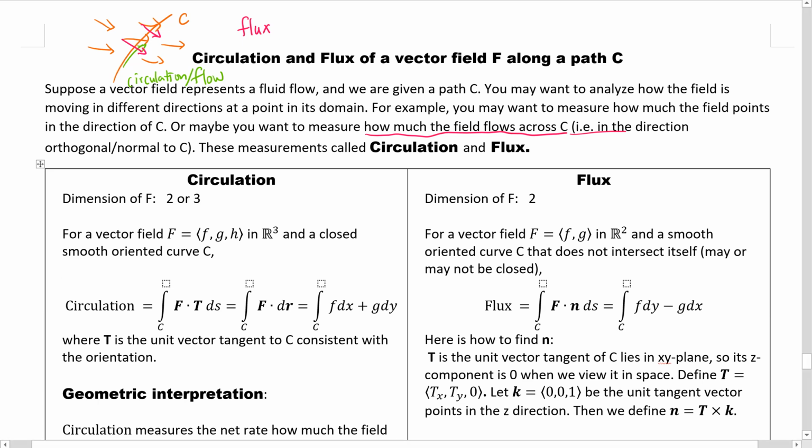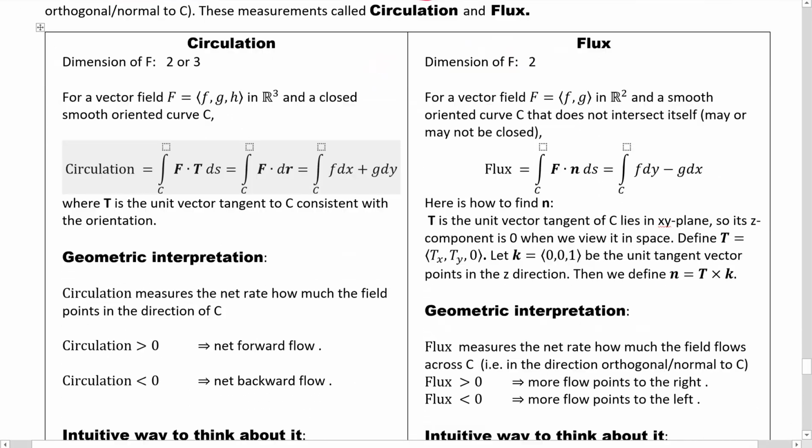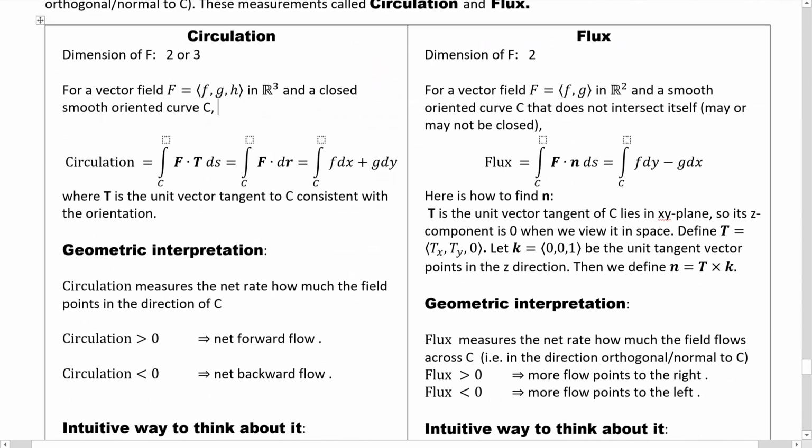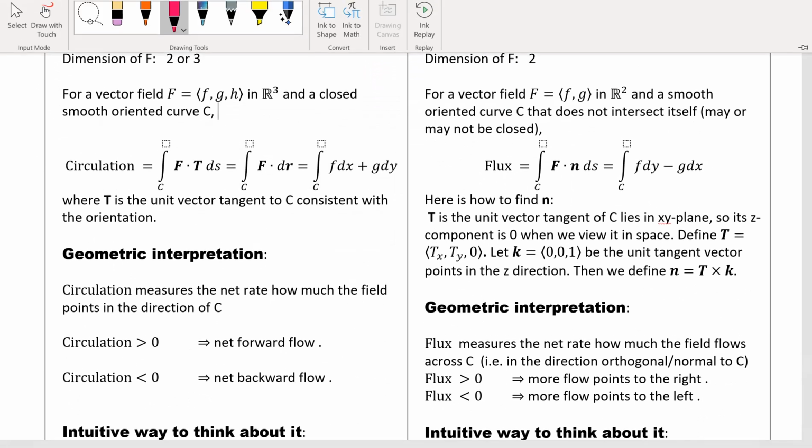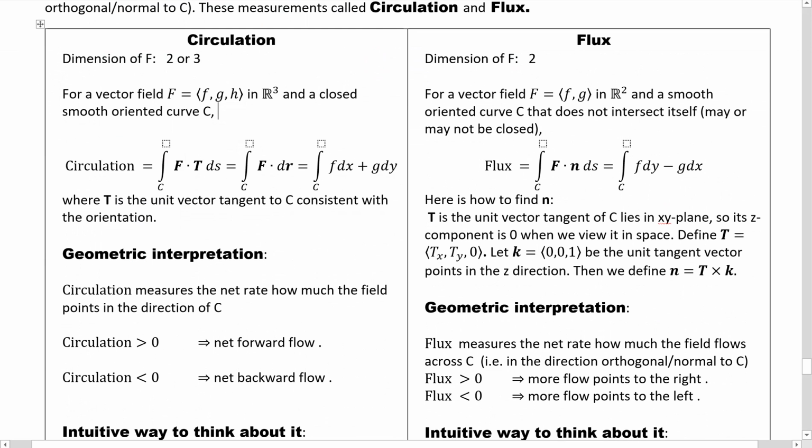Okay, so let's look at the definition. So circulation. Here, the dimension could be 2 or 3, okay? So for a vector field F, because the dimension can be 2 or 3, let's talk about 3 and then we just delete one dimension and we get R2.